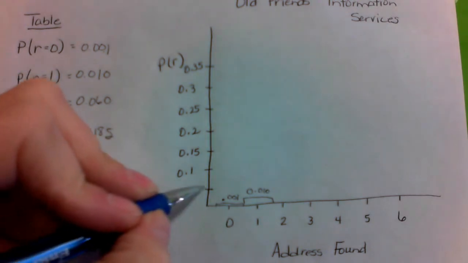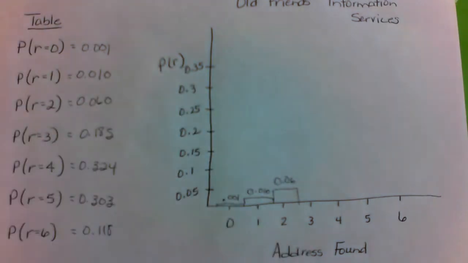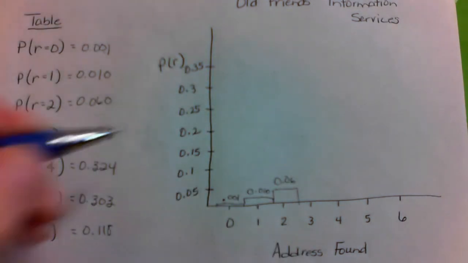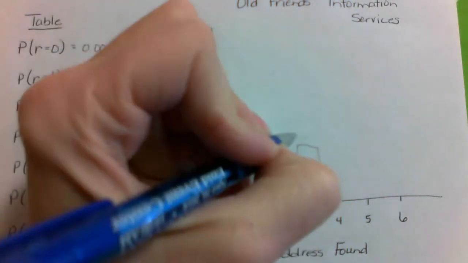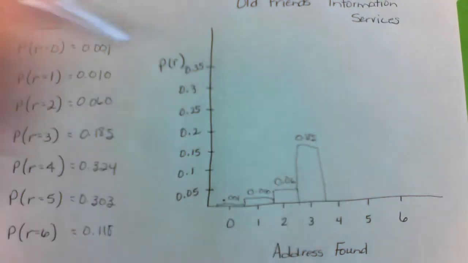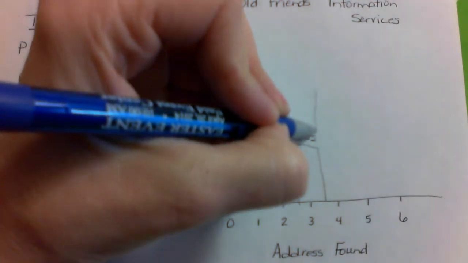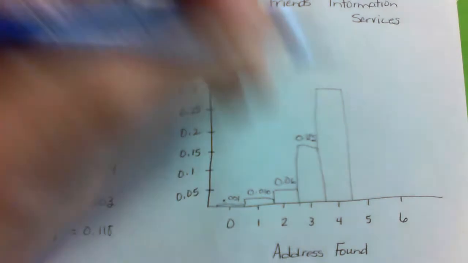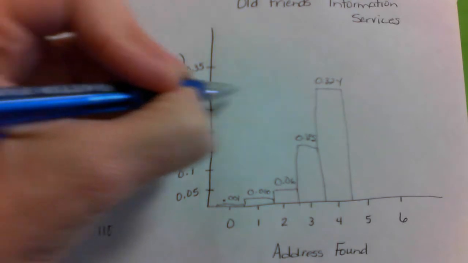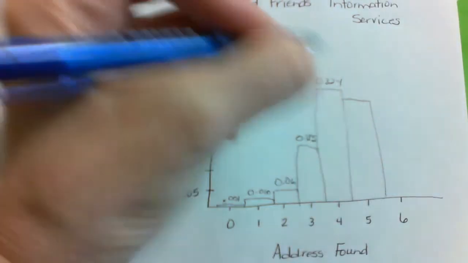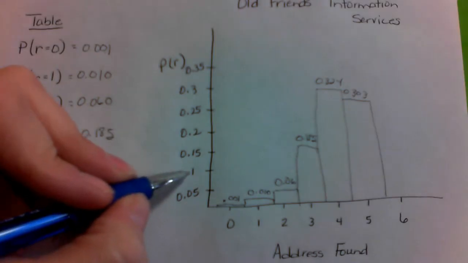And then we have 0.06, and then 0.185, .324, .303, and 0.118.